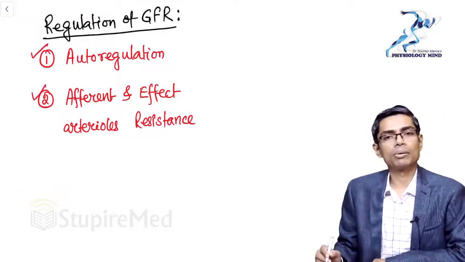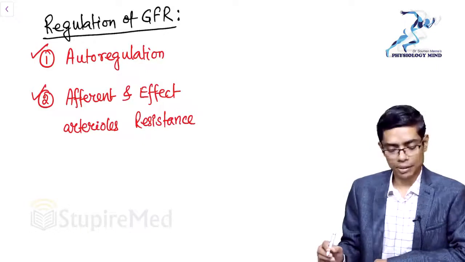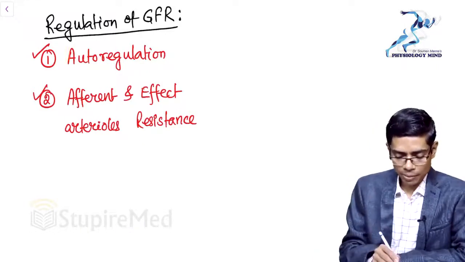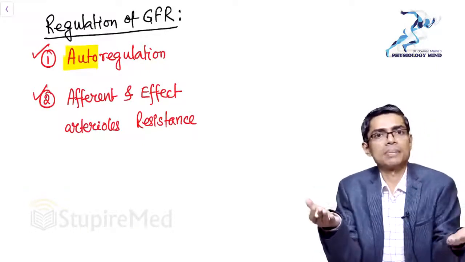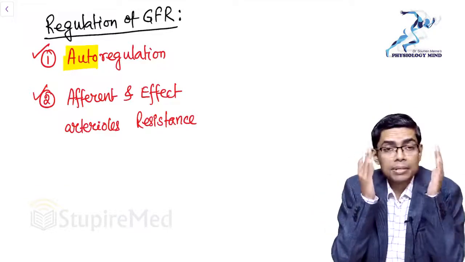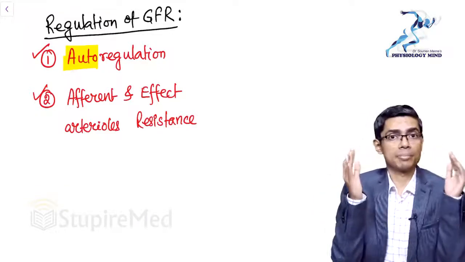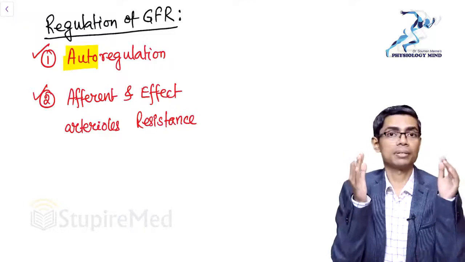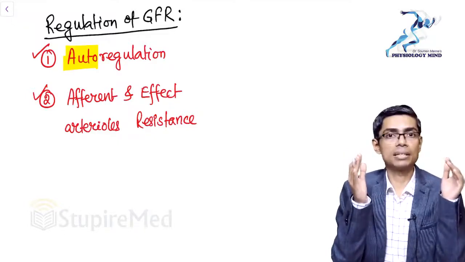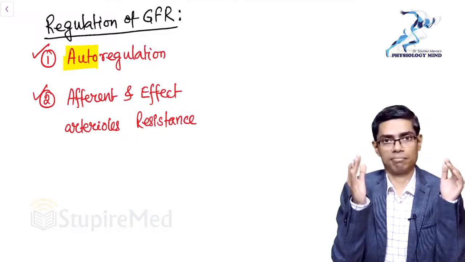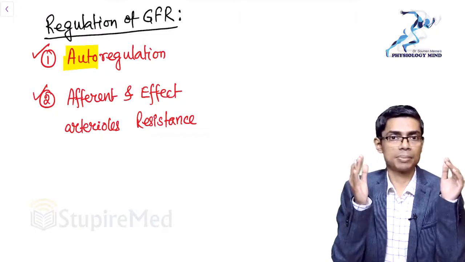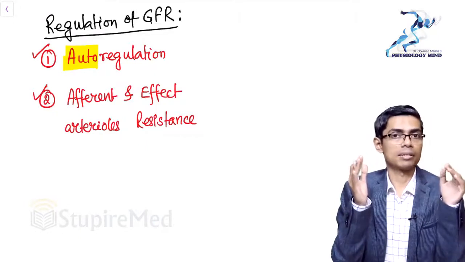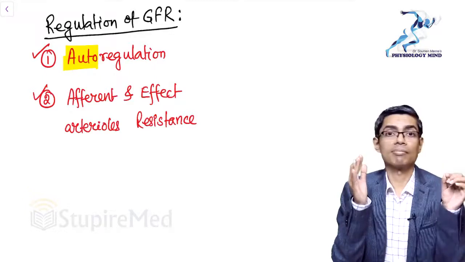So what do you mean by autoregulation? If you analyze the word autoregulation, self-regulation you will say, but there was an MCQ, they asked autoregulation means constant blood pressure, constant blood velocity, constant blood flow. So please remember autoregulation means constant flow of blood.